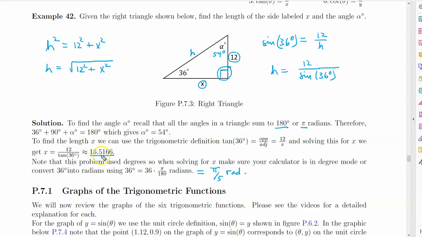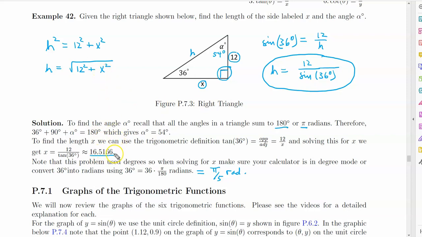And you could put 16.5166 in for x and evaluate h. However, it's better to do it like this, because if you put this into your calculator, it will give you much less round-off error than if you were to plug in 16.5166 in here for x.